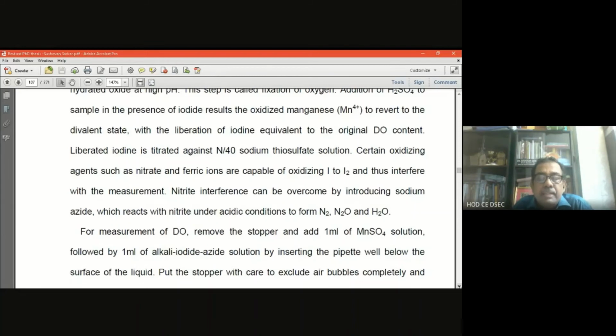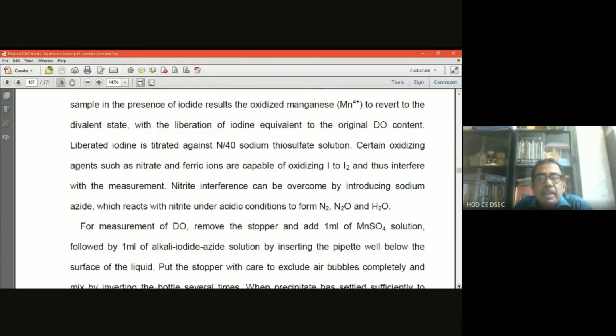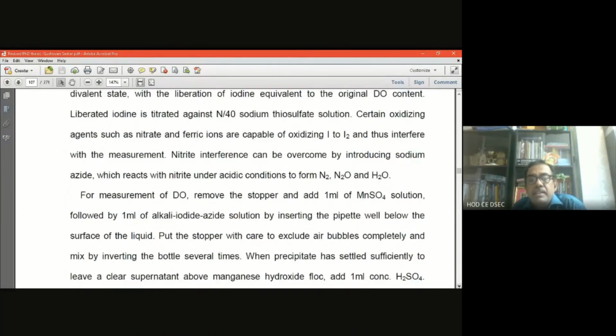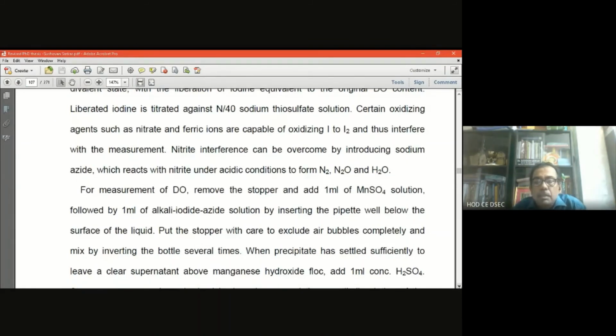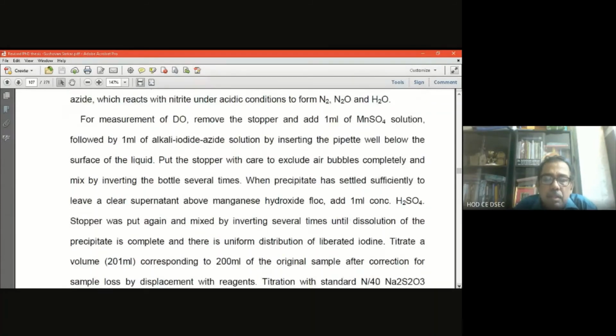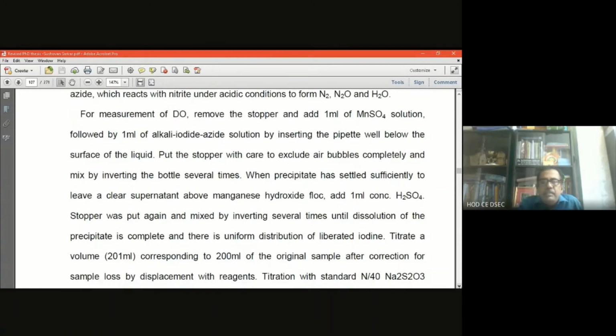Nitrite interference can be removed by introducing sodium azide, which reacts with nitrite under acidic conditions to form nitrogen, nitrous oxide, and water. So this is the mechanism in the determination of dissolved oxygen.